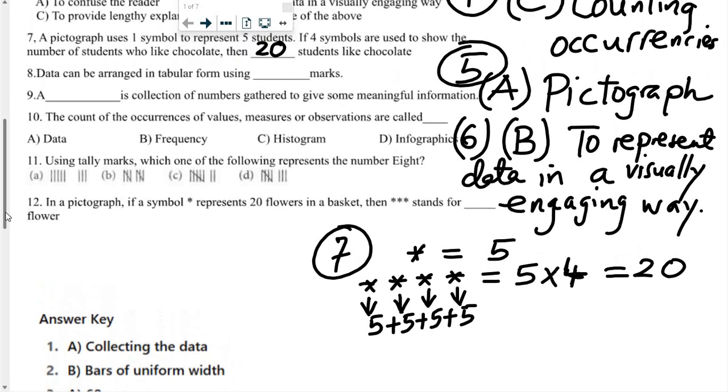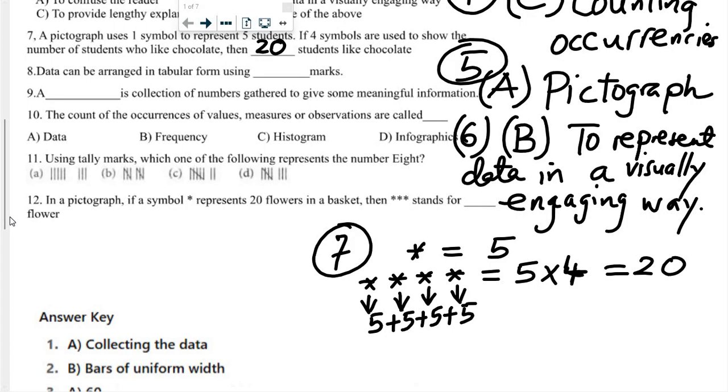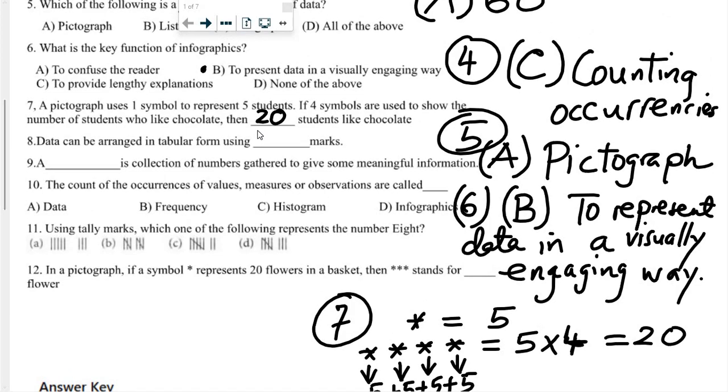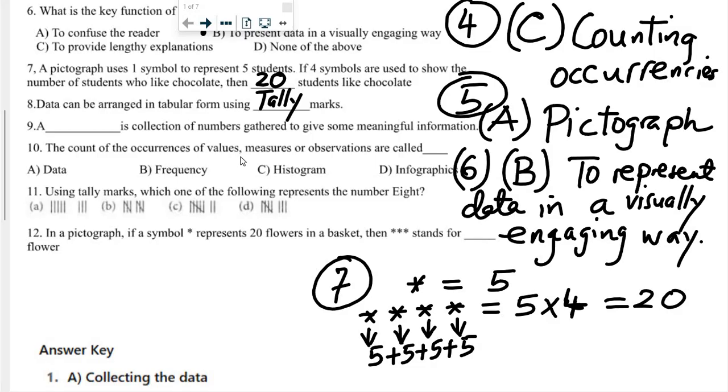Question number 8. Data can be arranged in tabular form using dash marks. The correct answer is 30. Question number 9. A dash is a collection of numbers gathered to give some meaningful information. So here the correct answer is data.